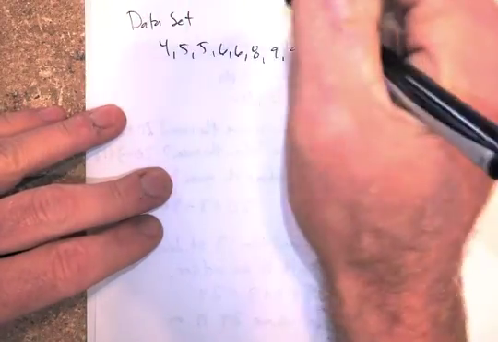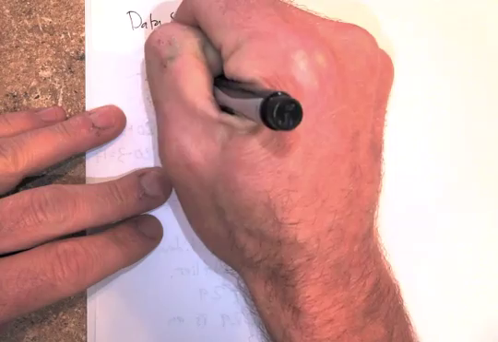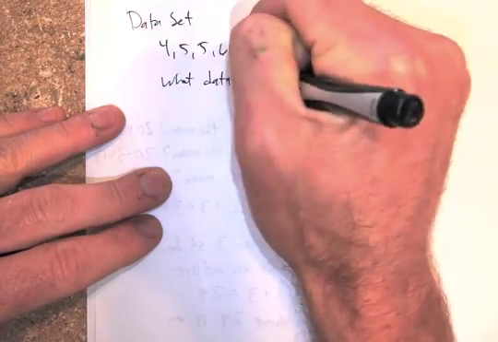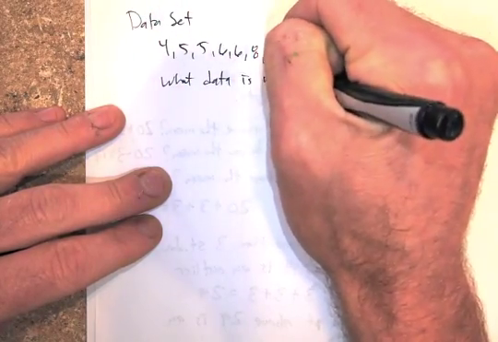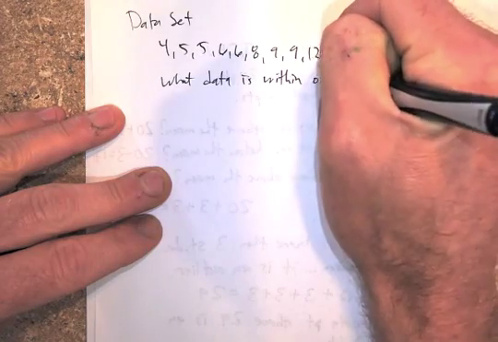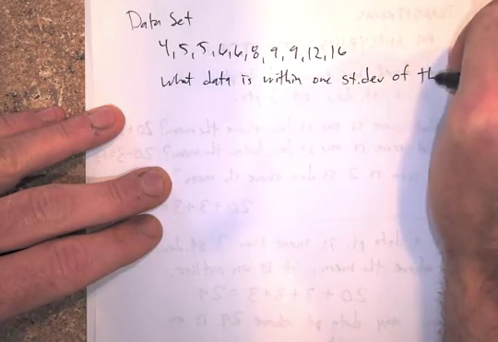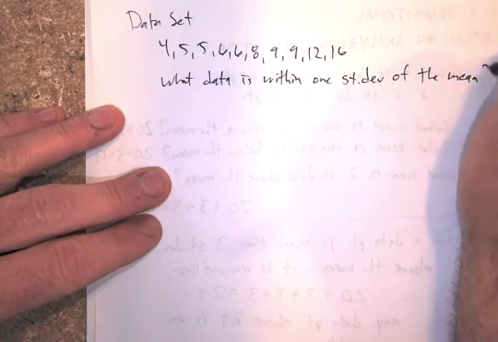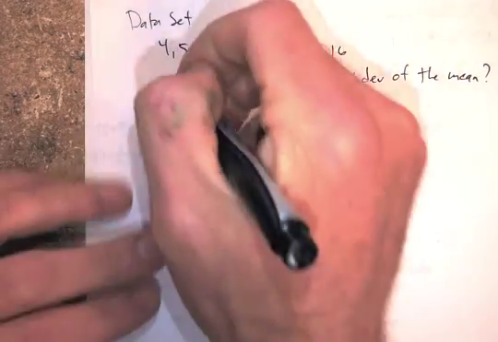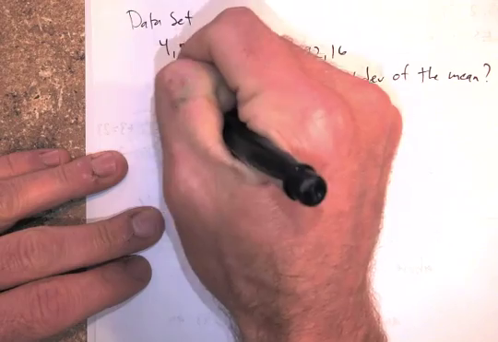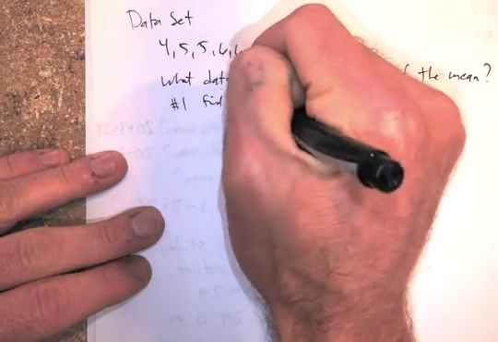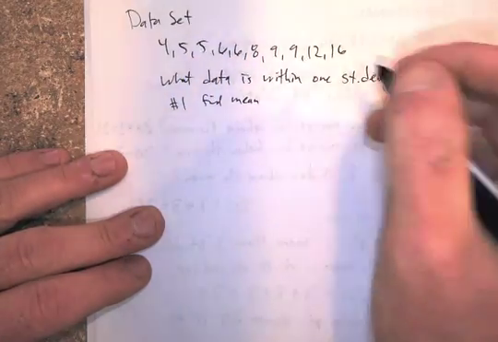And the question will be something like this. What data is within 1 standard deviation of the mean? Okay. So let's find our mean first. Number 1, find the mean. We have to go through those steps again like we did on the last assignment.